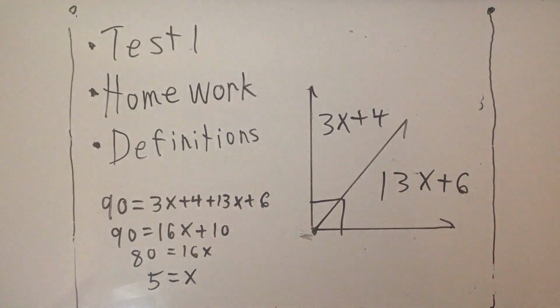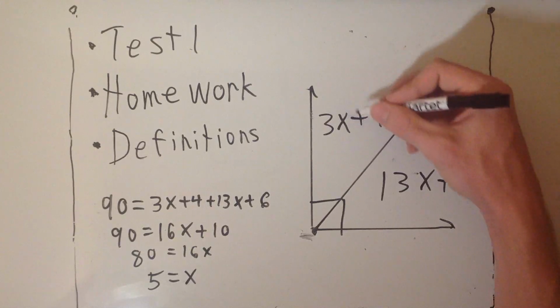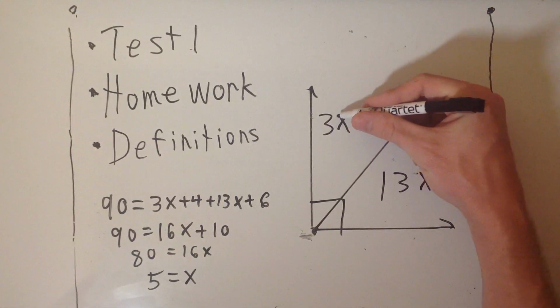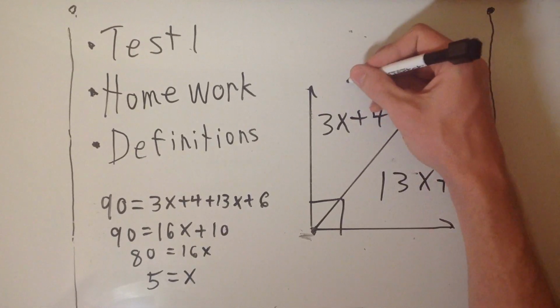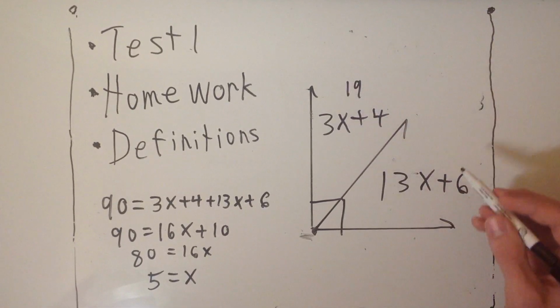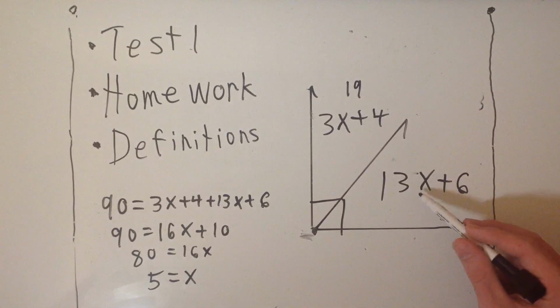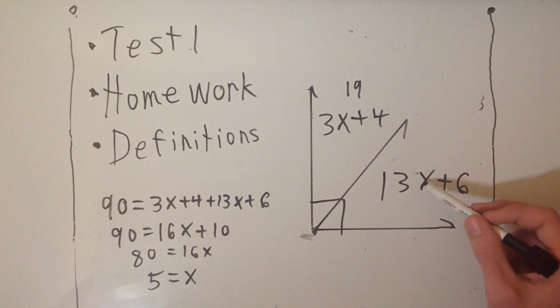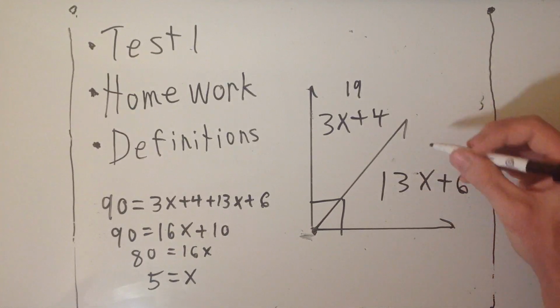Now let's check this to make sure it works. If we plug in 5 for x here, we get 3 times 5 equals 15. 15 plus 4 equals 19. Now we have 13 times 5 down here. Our x is 5. 5 times 3 is 15. Carry the 1.